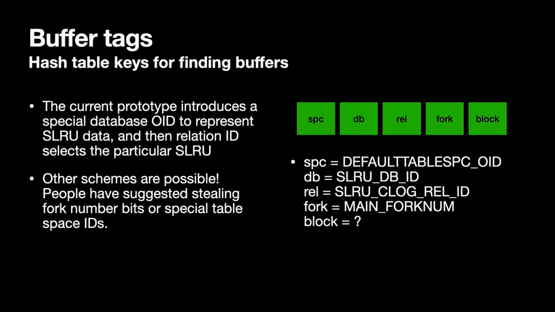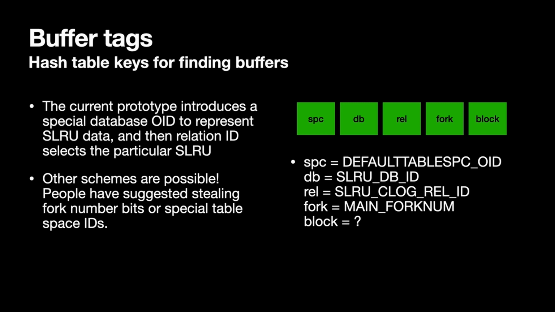So the first question I wondered about is how should the buffer tags look? At the moment, pages of data that are in the main buffer pool have a buffer tag to identify them. It's made of 5 32-bit words. It would be nice if that was 4 32-bit words, but I'm not trying to rearrange anything here. I'm just trying to fit into the existing scheme.